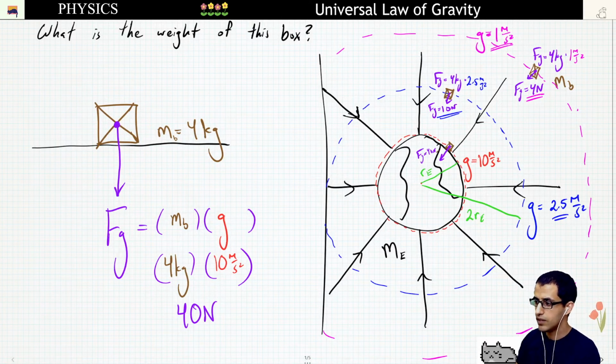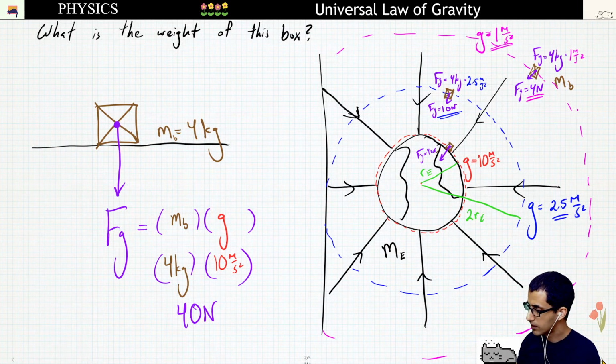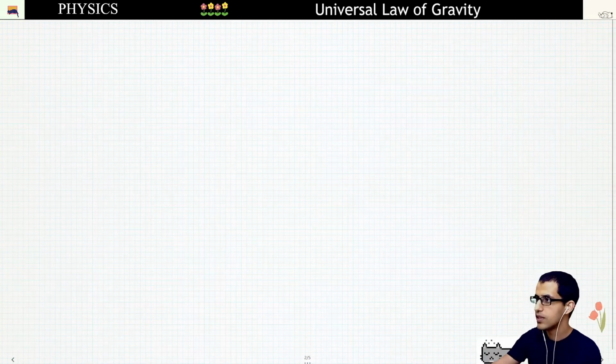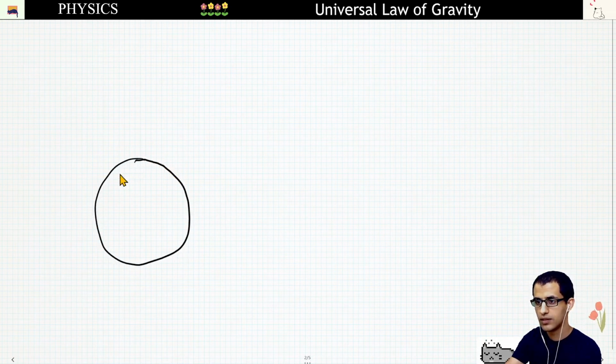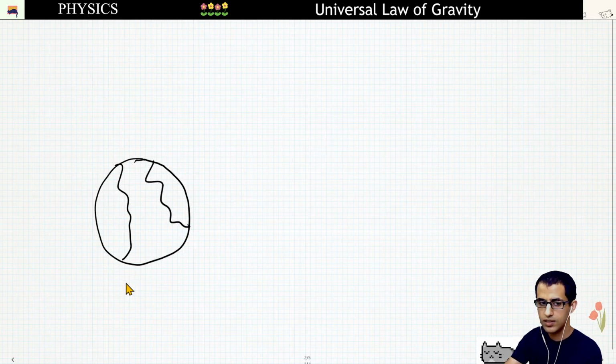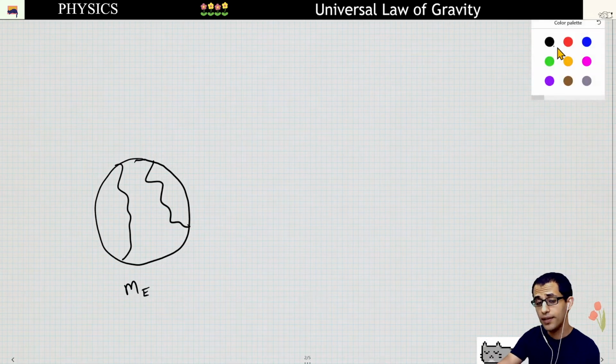Okay, so let's look at another example for gravity. So let's say this time I have the Earth over here. And so this is Earth mass M sub E. And let's say the moon. Let's do the moon.